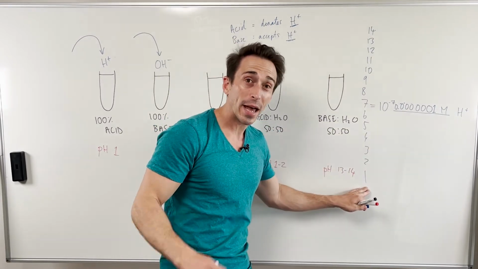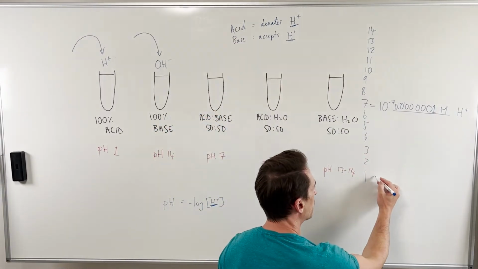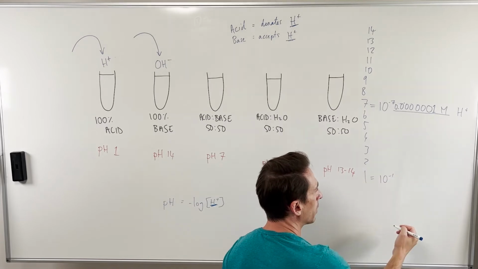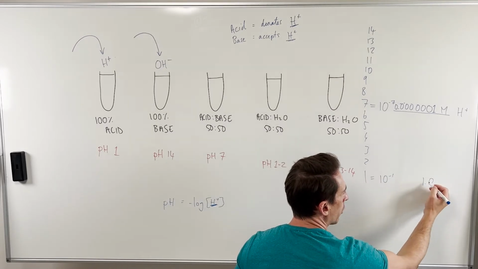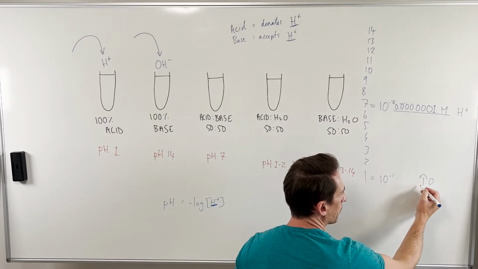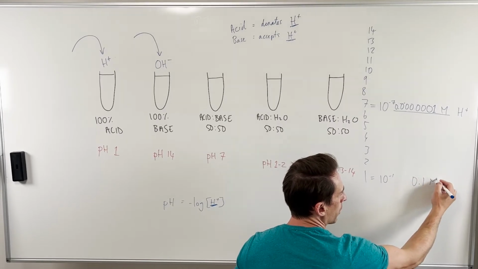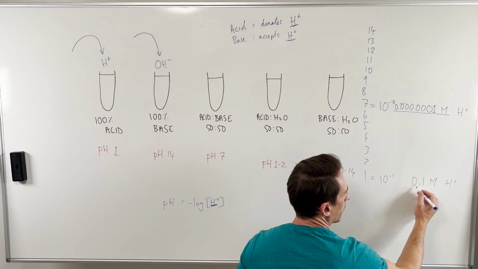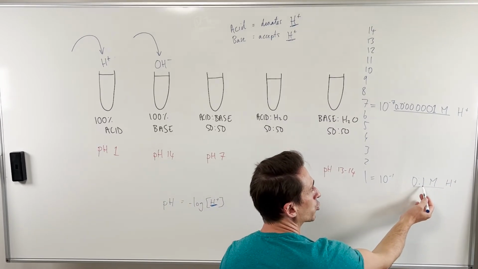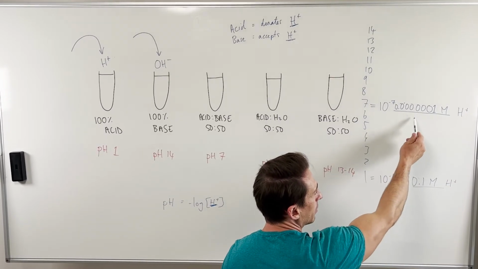If we go down to a pH of 1, it simply means it's 10 to the negative 1, which means if you have 1.0, you move it back here. And so now the pH is 0.1 molar of hydrogen ions. Have a look. This concentration is way higher than that, right?